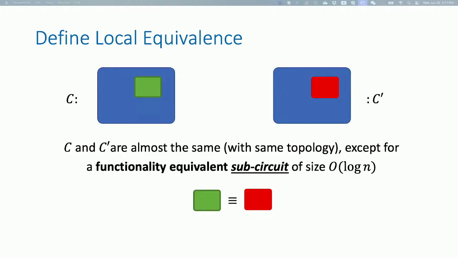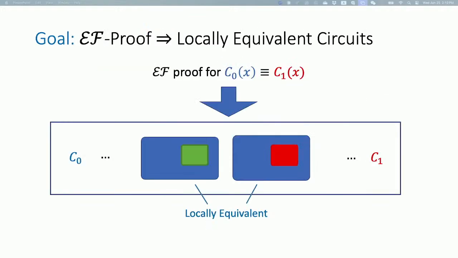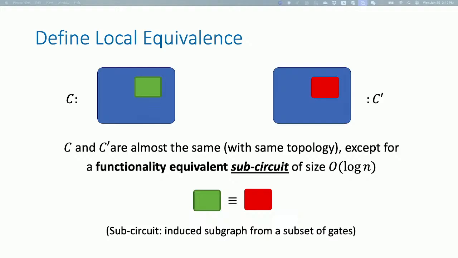So we require every gate outside of this subcircuit, for example a gate here and a gate here, to be exactly the same. And if you only look at the subcircuit, they need to be functionality equivalent. The subcircuit can be formally defined as a subset of gates in the circuit. A circuit is just a graph, and a subcircuit is just a subset of gates.